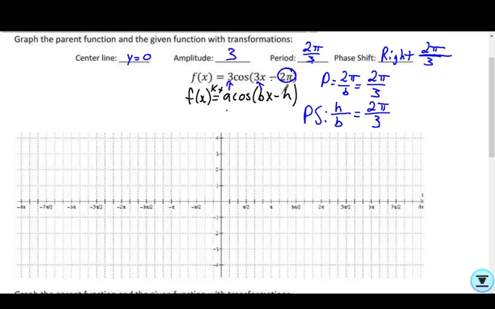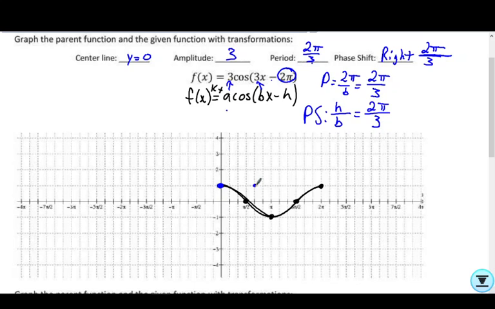Okay, so just like we did before, I'm going to draw the parent function first. So this is the graph of the cosine parent function. Again, just like I've done before, I'm going to do my change in period first. So my wave's going to start here.